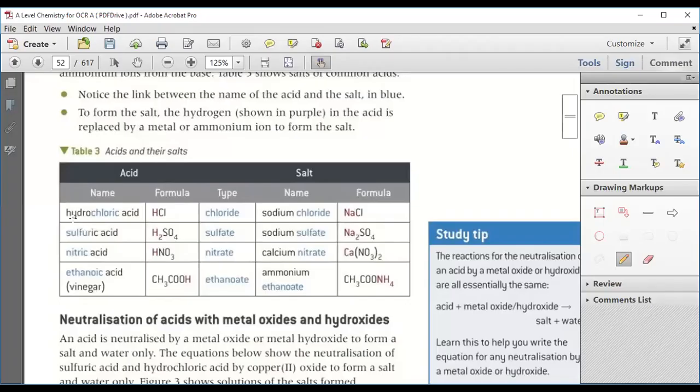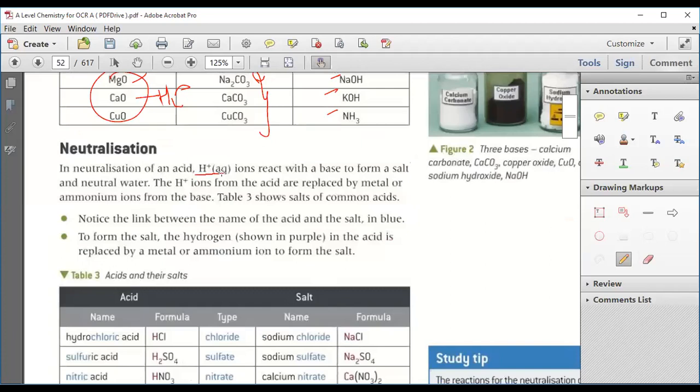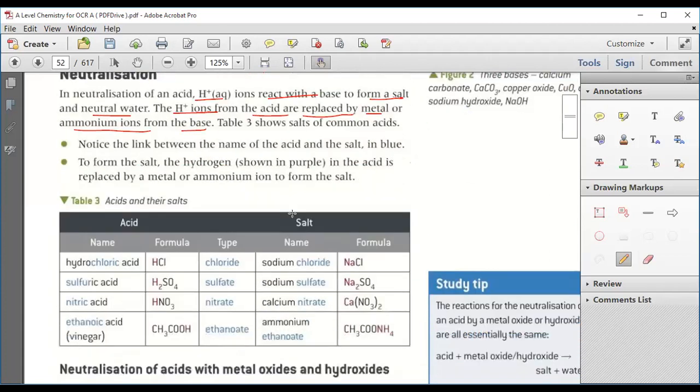Now you can see neutralization. In neutralization, H positive ion reacts with a base and forms a salt and neutral water. The H positive ion from the acid is replaced by metal or ammonium ion from the base. For example, it's given in table 3. Notice the link between the name and the acid of the salt. Hydrochloric acid, HCl, chloride, salt name will be sodium chloride, NaCl.